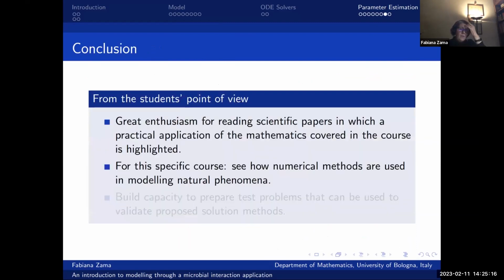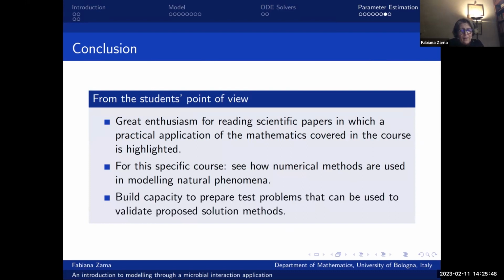I just conclude by saying that I was amazed by the enthusiasm of the students for reading the scientific paper, and for all the problems that they found and how they tried to overcome their difficulties. They appreciated seeing that the numerical methods, but also the mathematics that they studied, had such an impact in practical, real life, and to explain and model natural phenomena.